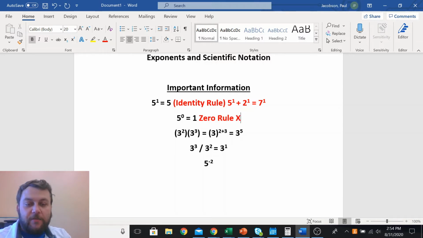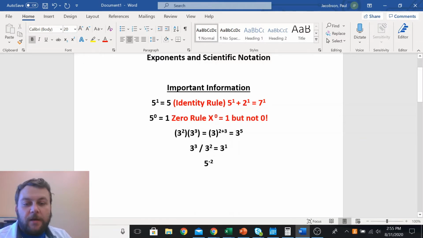We'll write that with a variable. So anything to the power of 0 equals 1. Okay, but not 0. 0 to the 0 is undefined. Okay, not 0.